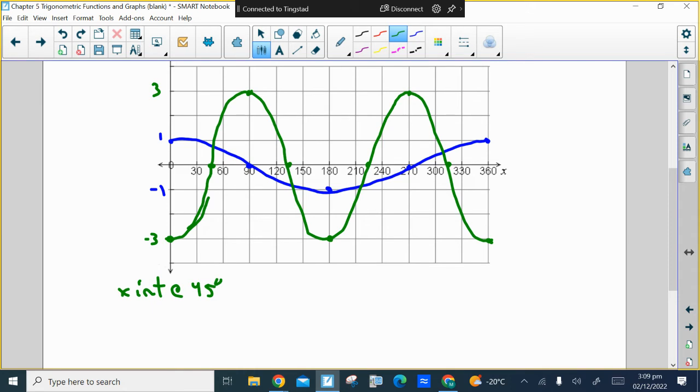If you look at your base graph for your cosine function, halfway in between that is 90 degrees away. And so it's kind of similar to that, I guess. But your next x-intercept is at 90 degrees from where you started from, and that pattern continues.